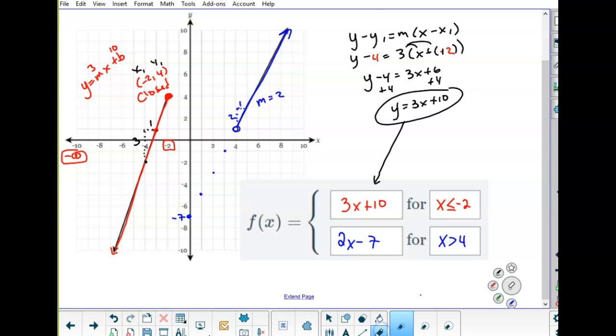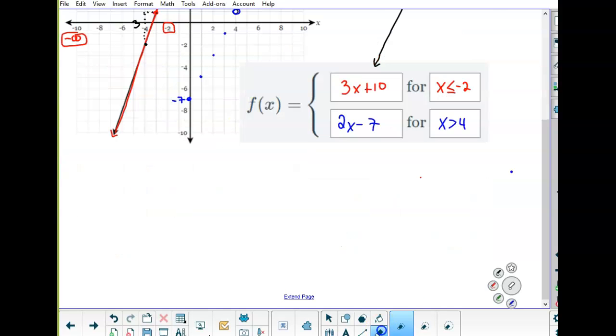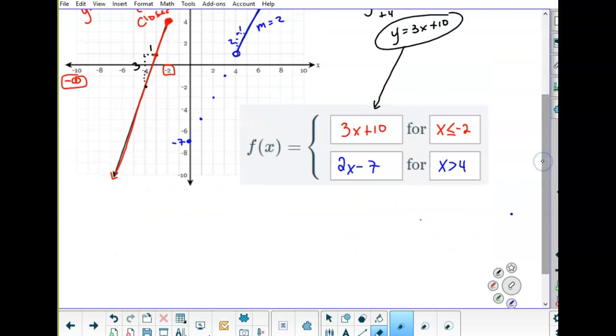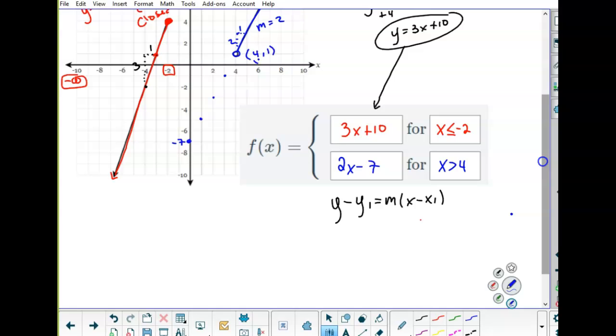If you don't like that, then you would do the point slope. Which, by the way, this equation is used probably 1,000 times in calculus. So it's not a bad thing to focus on. So what would I do? I'd pick the point here, 4, 1 as x1, y1.